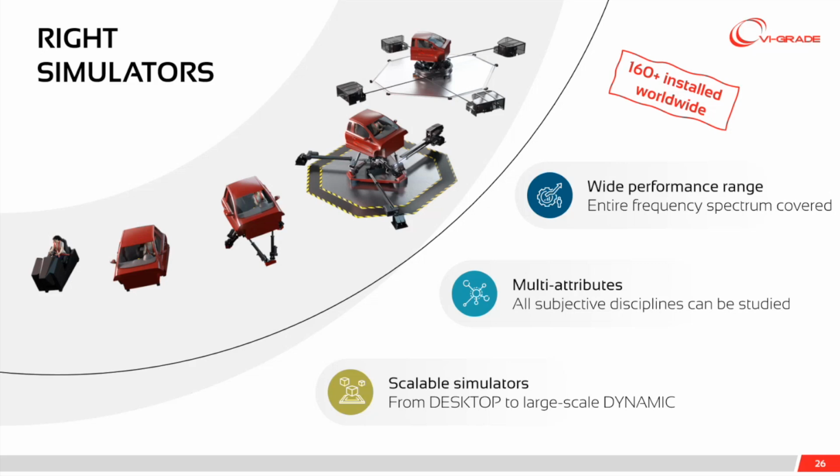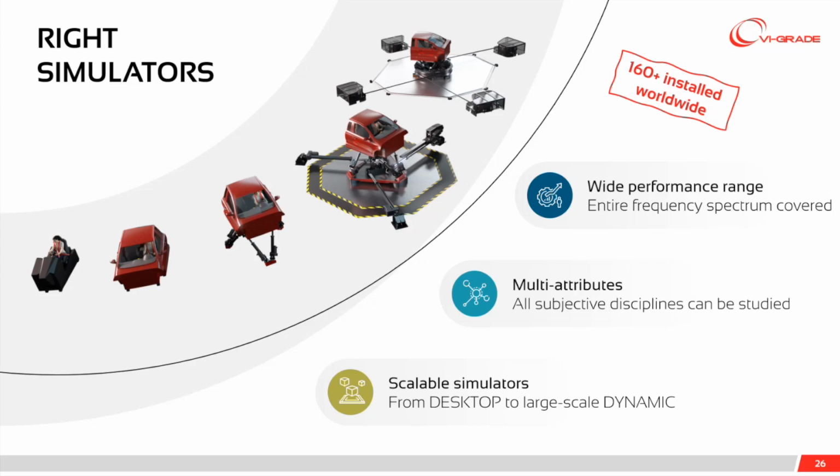From all we have seen and from customer feedback, the wider you cover the frequency spectrum, the more immersive the experience is, the more people will get out of the simulator and say, oh, this simulator feels like a real car.